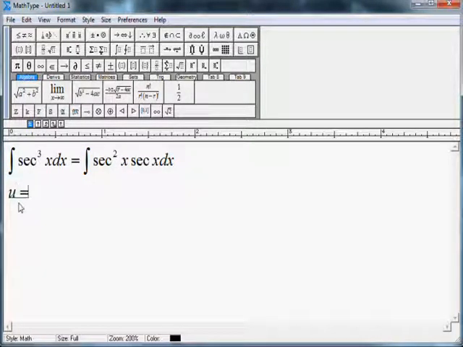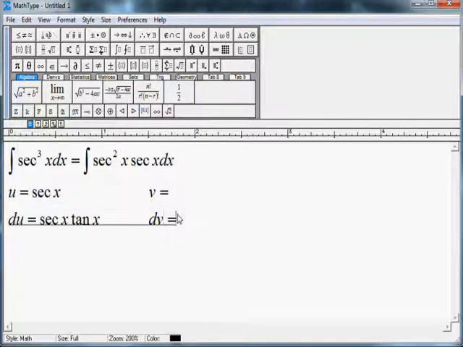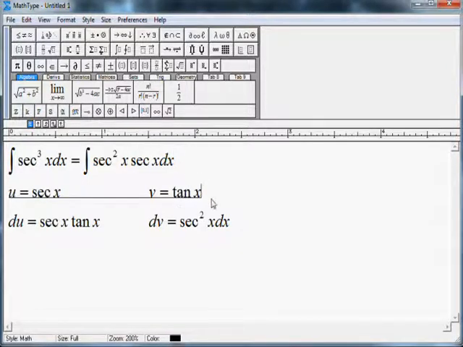So we say u is equal to secant of x. Then du is equal to secant of x tangent of x. Okay, and then we have to pick a dv. You'll remember that from my video: you pick a u and you pick a dv. Our dv is secant squared of x dx, and our v would then be tangent of x.